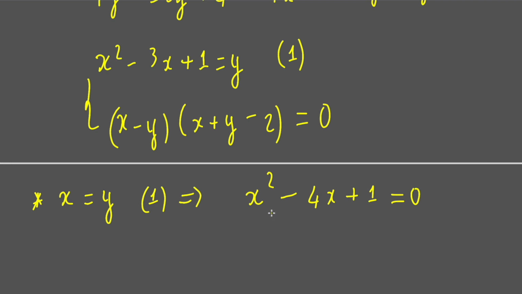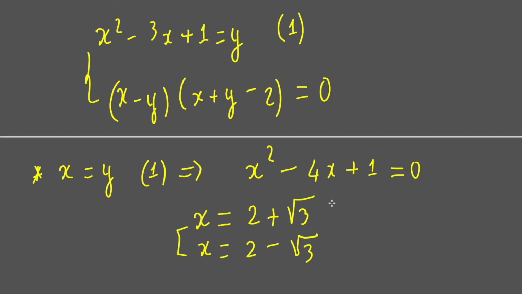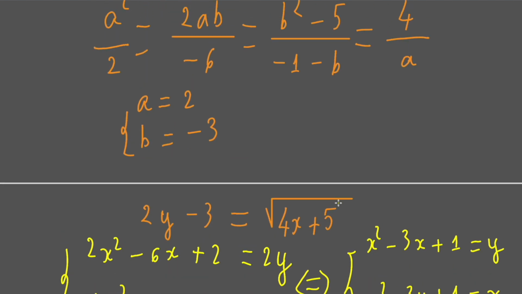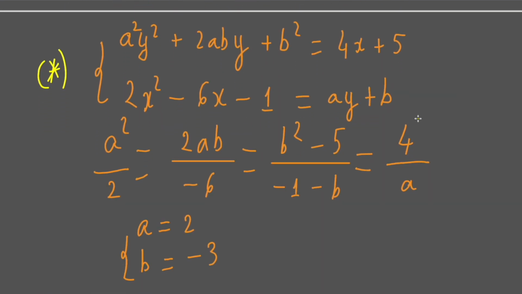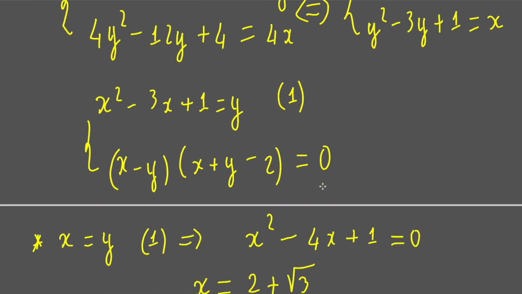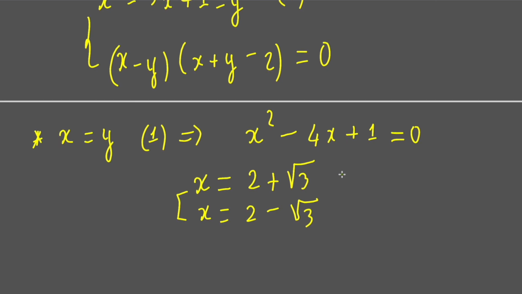This is a quadratic equation, and we can easily find its roots: x equal to 2 plus square root of 3, or x equal to 2 minus square root of 3. When we compare these solutions to the condition at the beginning, we can only select one of them. This is 2 plus square root of 3. The other we cannot accept.